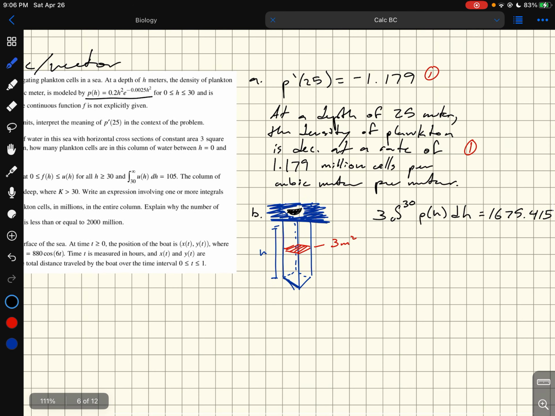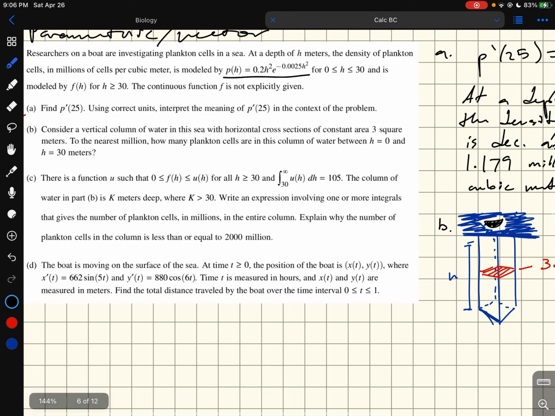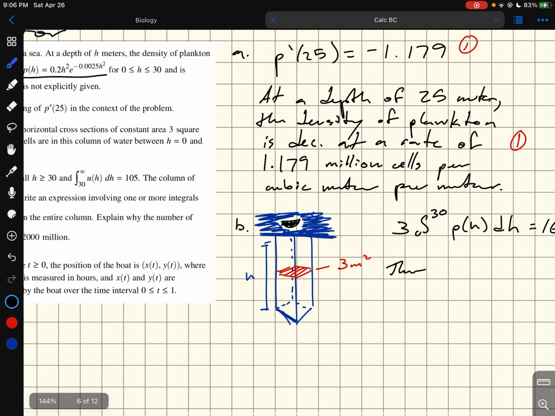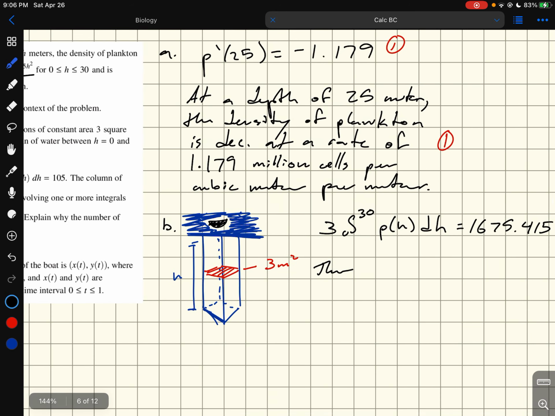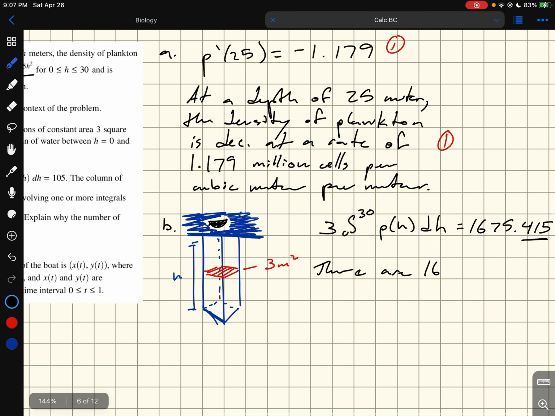Then we want to write our sentence, so never forget to write your sentence of the answer. It's asking us how many plankton are in this column between h equaling 0 and h equaling 30. It says to the nearest million as well, so this is going to round to 1,675.